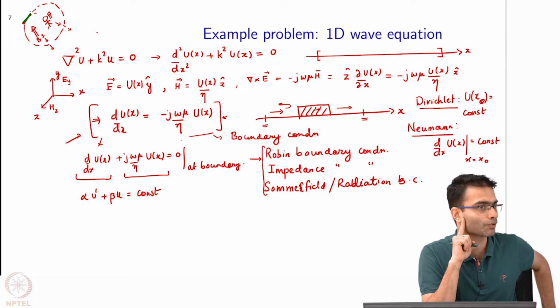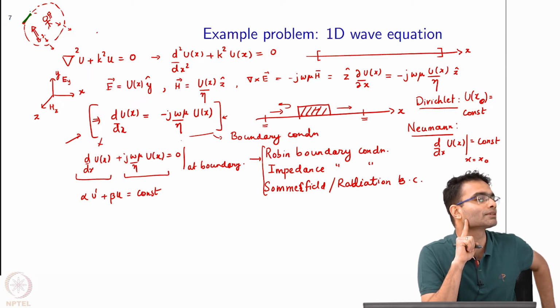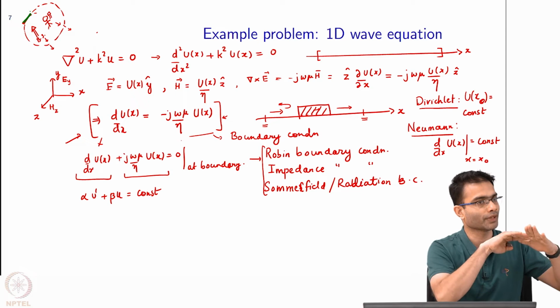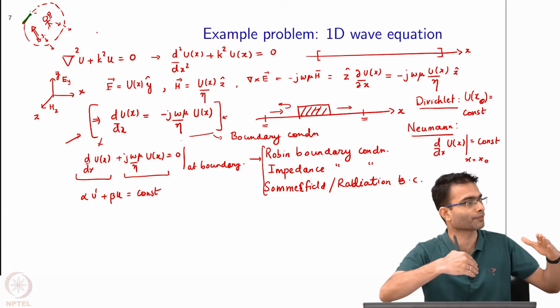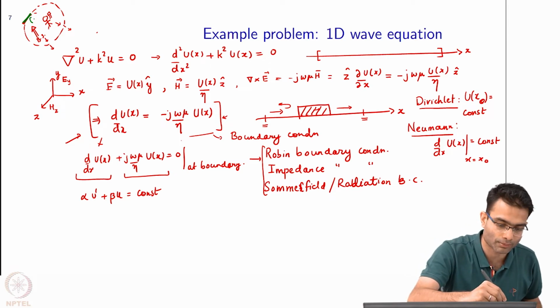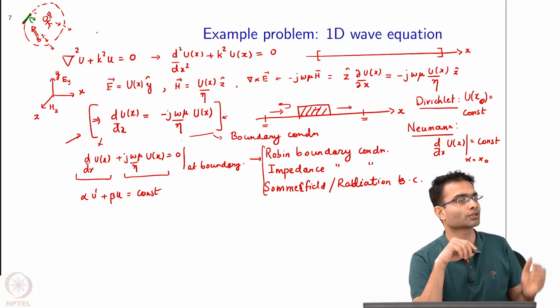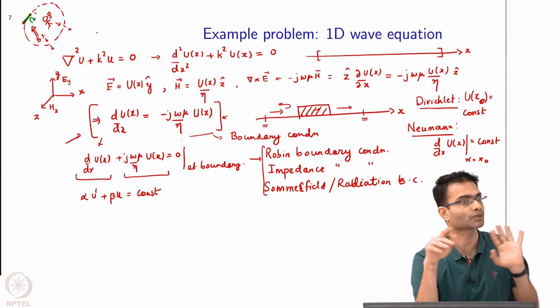Field went to 0 like you wanted at the boundary, but is it desirable or undesirable? It is undesirable because by putting a metal, what are you doing? Even though the field at the boundary has gone to 0, the way it does it is by generating an equal and opposite field. So, what will happen is that by putting a metal over here, there is going to be a reflection from there, which was not there in the physical problem.